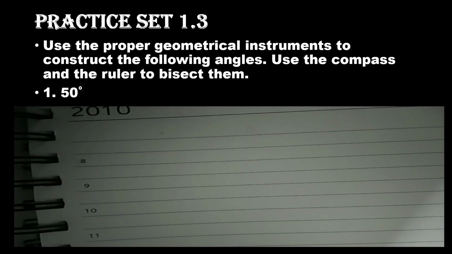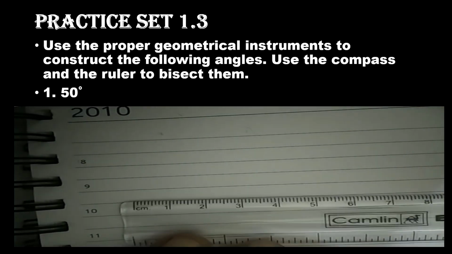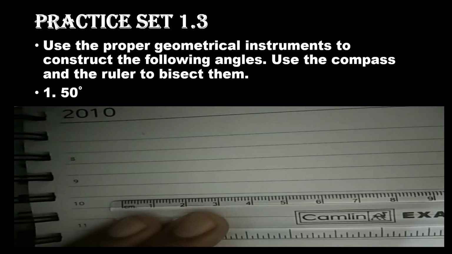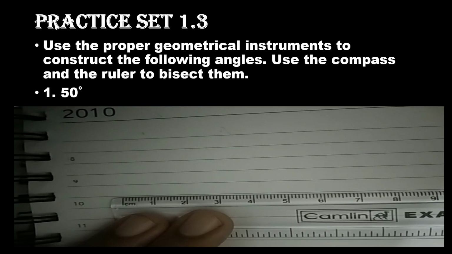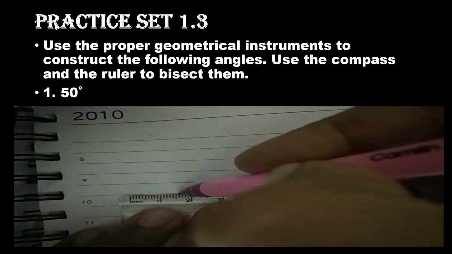Okay, students, now we are going to see how to construct an angle and then bisect it. So step number 1, we are going to construct an angle of measure 50 degree. So let's make the base.